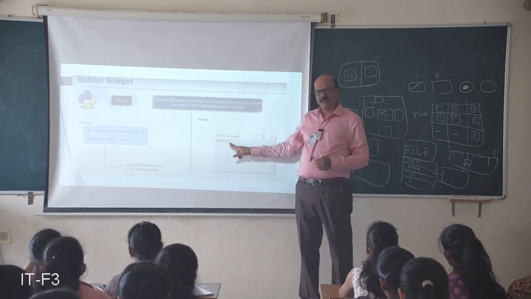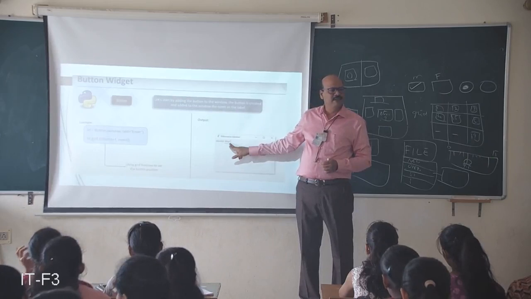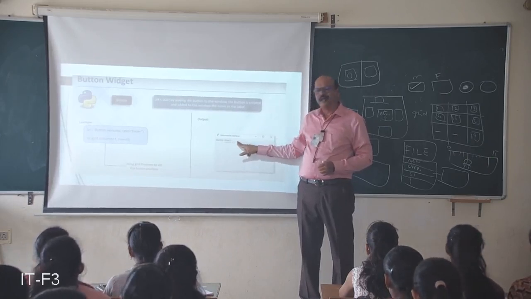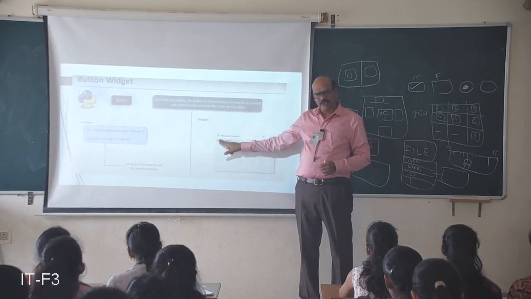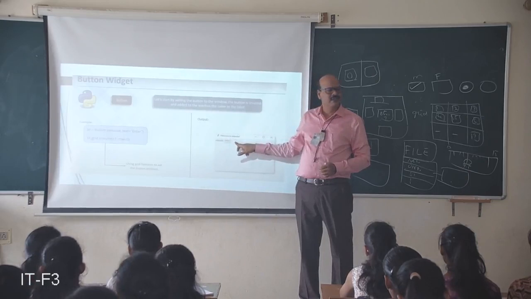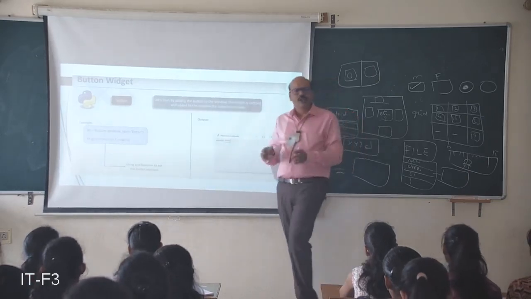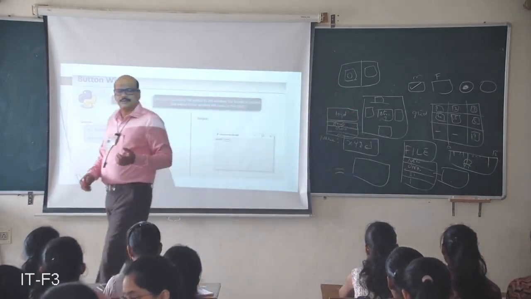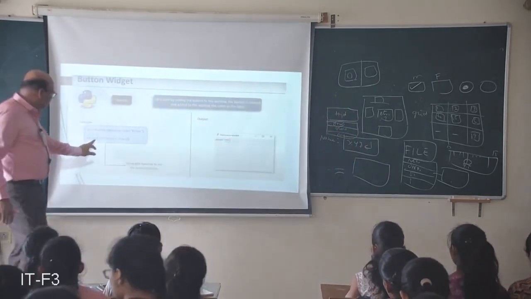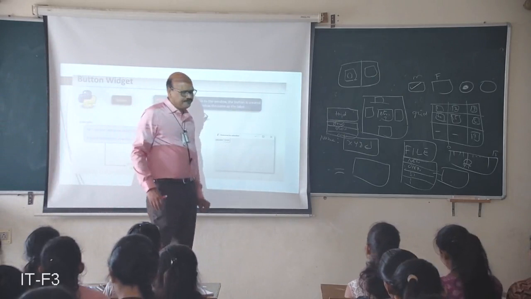Next if you add a button, the button will be displayed in the next column. Again, if you create one more button, it will be added in the 0th row. Which column? This is column 0, column 1, next one is column 2. So when you want to place the widgets row wise and column wise, you can use this grid.